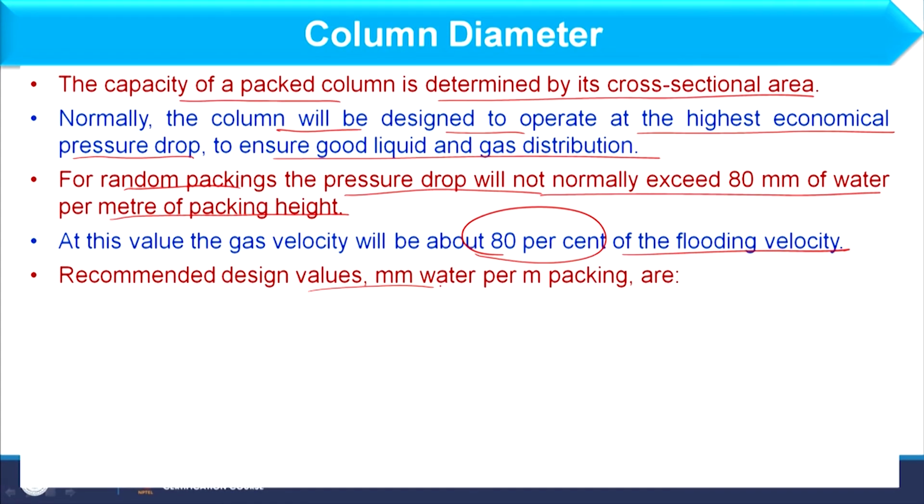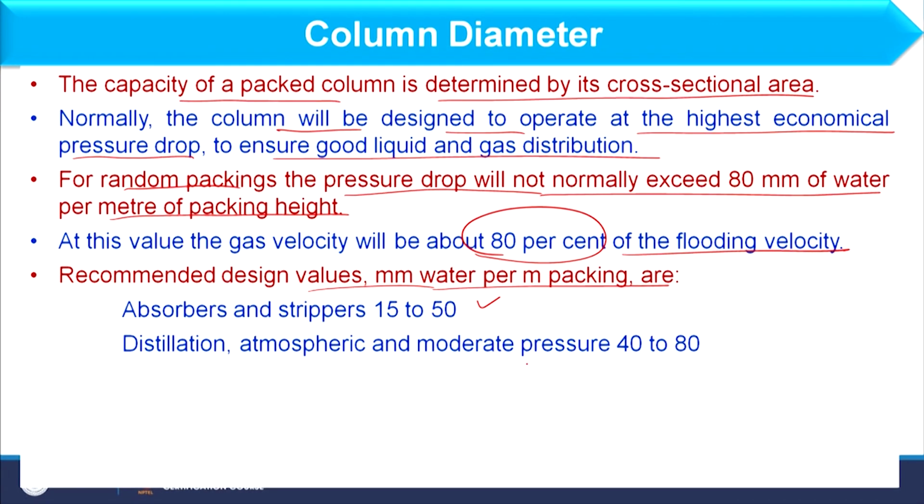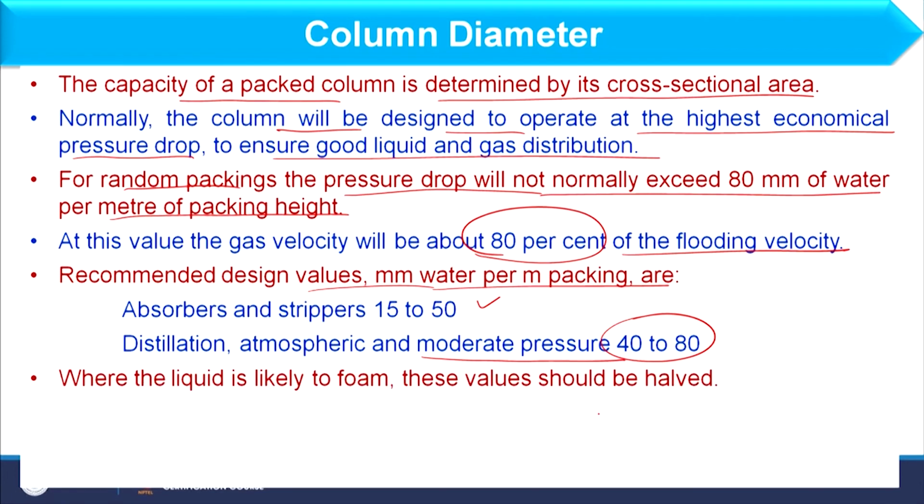that is, mm of water per meter of packing, are for absorption and stripper 15 to 50, and for distillation at atmospheric and moderate pressure it is 40 to 80. Further, where the liquid is likely to foam, these values should be halved.